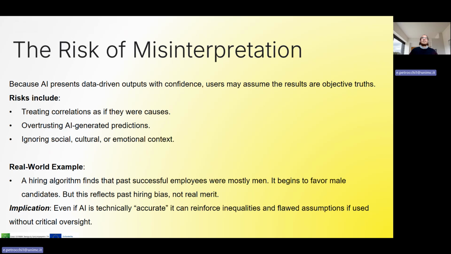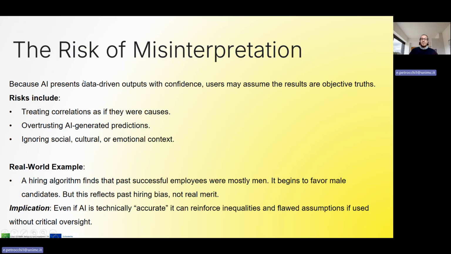And this entails a big risk of misinterpretation, because AI presents data-driven outputs with confidence, and users may assume that the results are objective truths. These risks include treating correlation as if it were causes, over-trusting AI-generated predictions, and ignoring social, cultural, and emotional context. A real-world example is a hiring algorithm that finds that past successful employees were mostly men, and then it begins to favor male candidates.